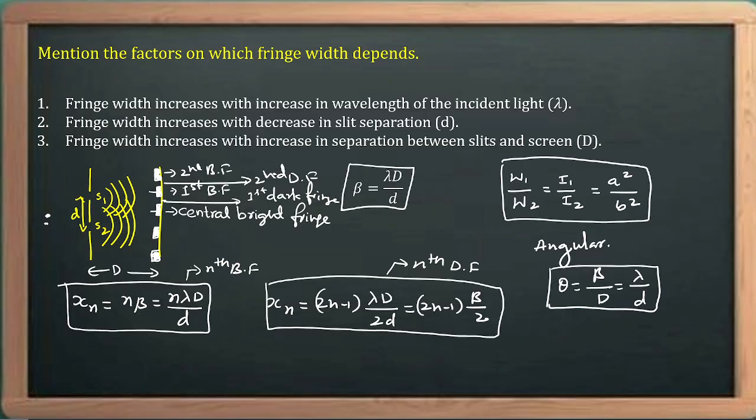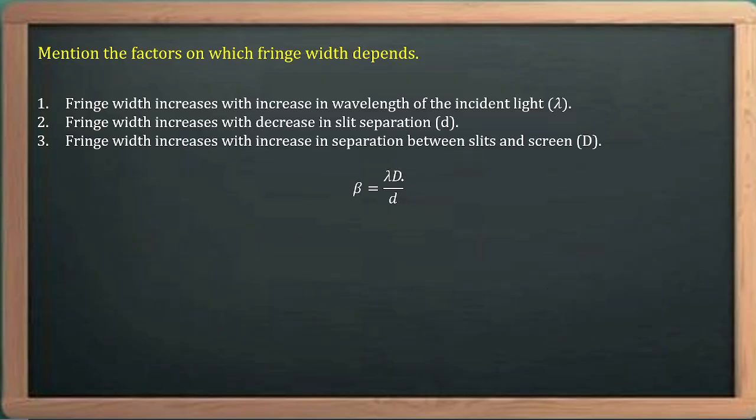So here we have the source whose wavelength is lambda. All these things you should know. W1 and W2 are the slit widths. Okay, so these are the different formulae.